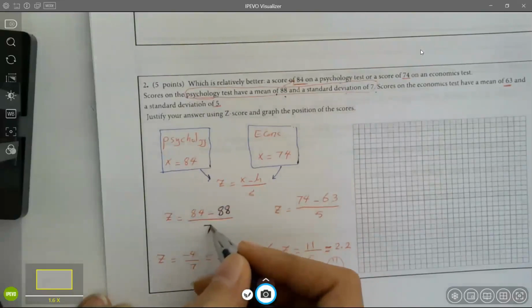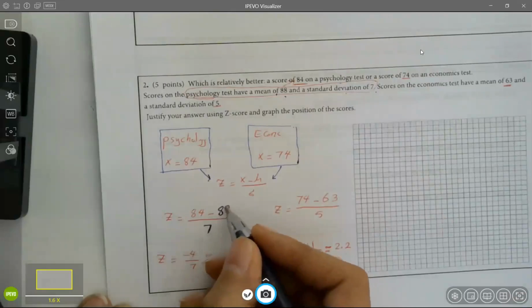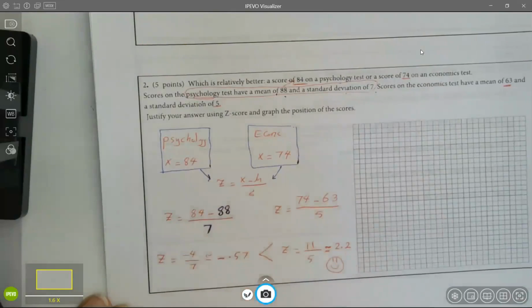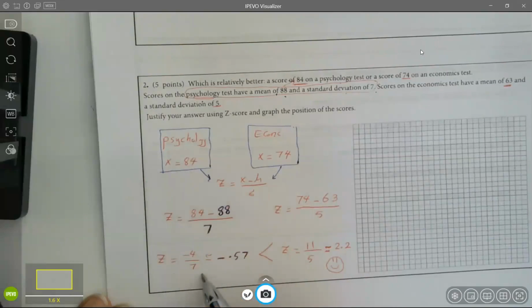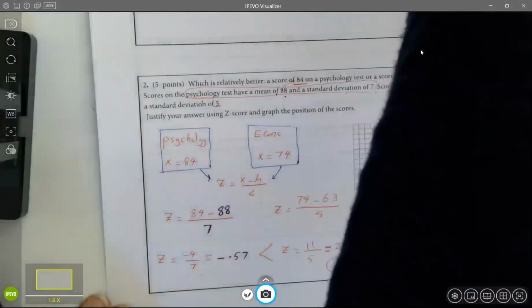Guys, you cannot change the order. You have to write it exactly the same because of subtraction. So we get negative 4 over 7 or minus 0.57. This is the z-score for psychology.